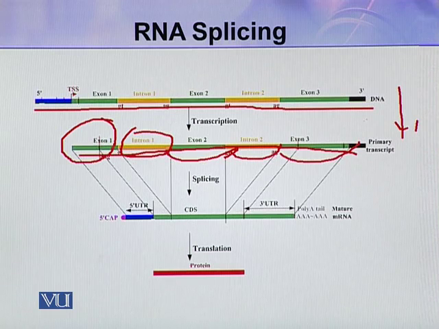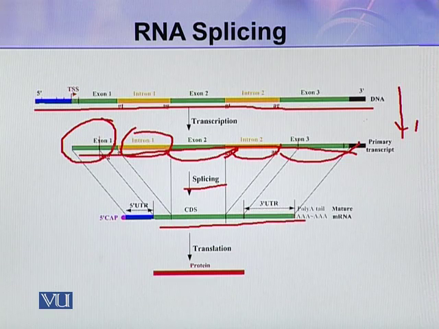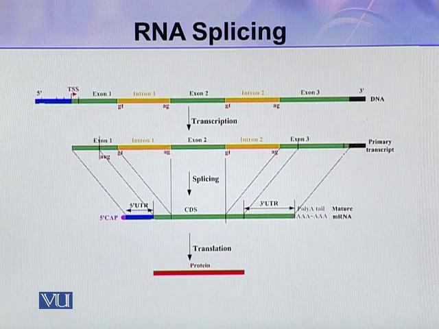After splicing, this long stretch is only composed of exons. There is no intron, and then this is translated into a protein. This is the structure of a eukaryotic gene.